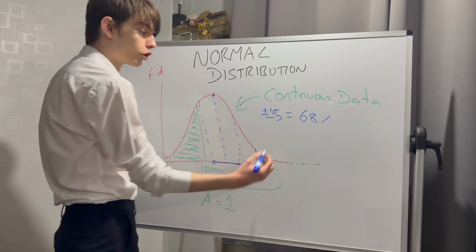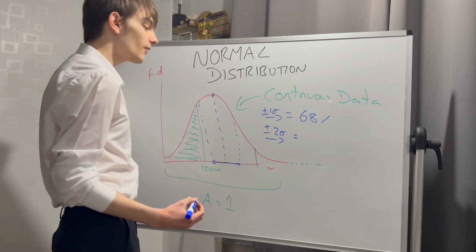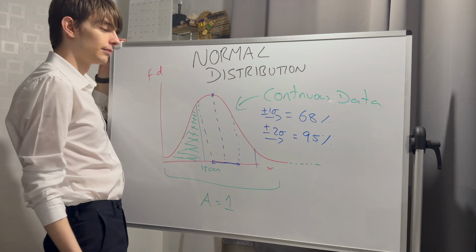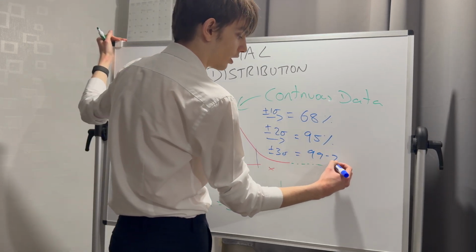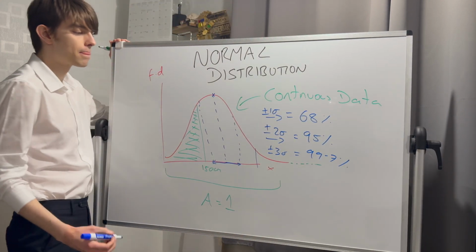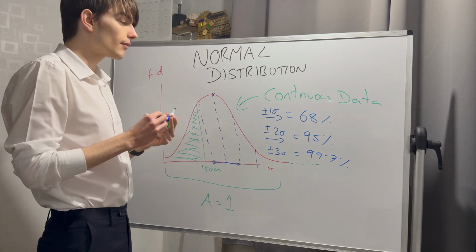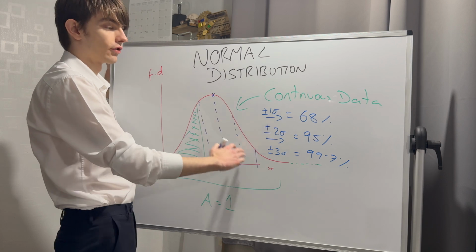If I go 2 standard deviations away from the mean, we are already up to 95%. 3 standard deviations, we are up to 99.7%. What this means, if this isn't making much sense to you already, is that the normal distribution is beautifully symmetric.